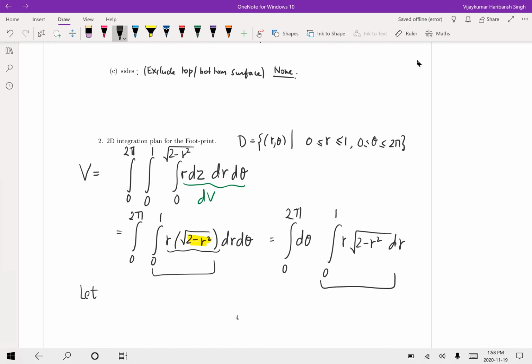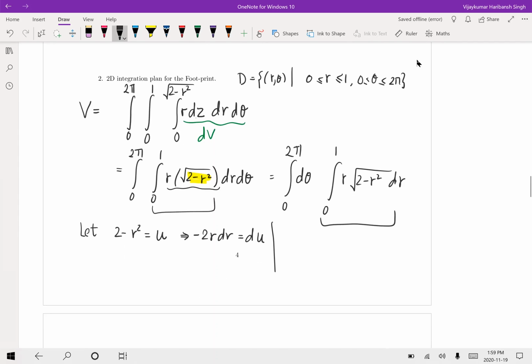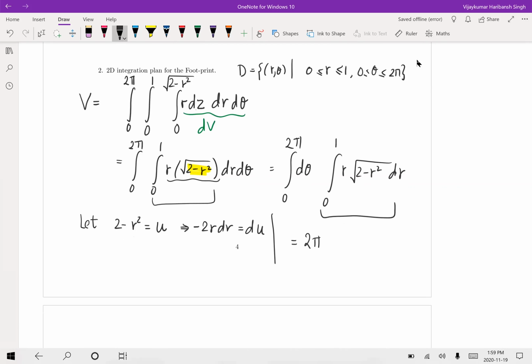For the second integral, let 2 minus r squared be u. Then you will get 2r dr equals du with a minus sign. Once you compute that integral, the first part becomes 2 pi, and the second part becomes 2 by 3 times (2 square root of 2 minus 1).